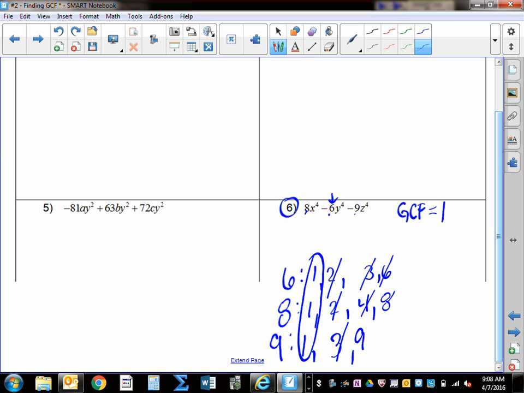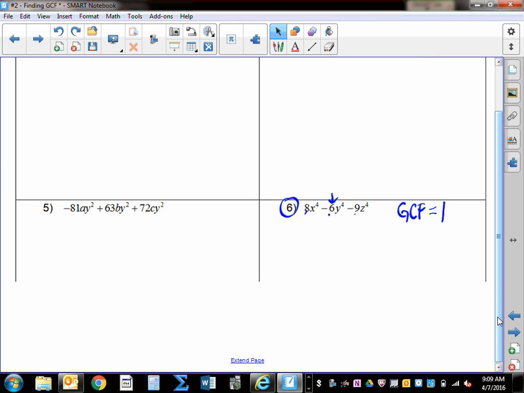It's the only number they all have in common. Please remember they have to go into all 3 of them. That's a very common mistake. If it goes into 2, we don't take it out. It has to fit in all of them. If I gave you 20 different numbers, it would have to be a factor of all 20 numbers. Wouldn't that be a fun problem?